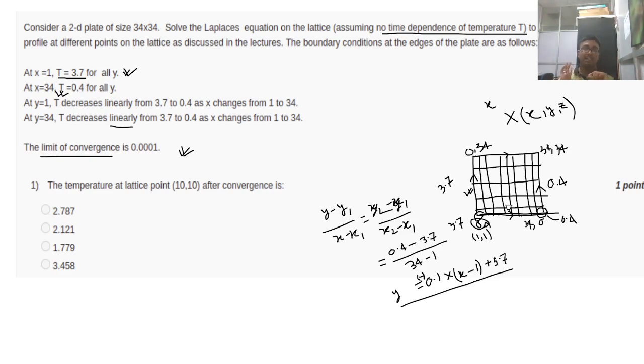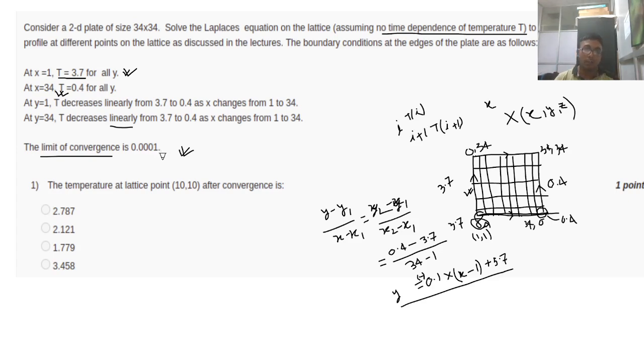So how can we achieve the equilibrium numerically? That is the limit of convergence: if at the ith iteration the temperature at each of the points has some value, let's say Ti, and at i plus 1 it has another value, Ti plus 1, then we can say it will converge if Ti plus 1 minus Ti is less than or equal to 0.0001.